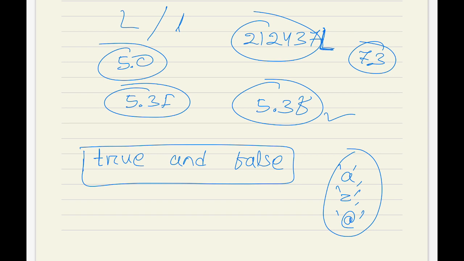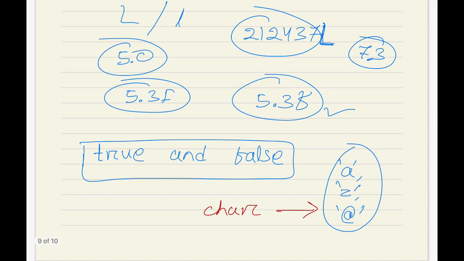String literals in Java are specified, like they are in most other languages, by enclosing a sequence of characters between a pair of double quotes. So a single character inside single quotes is a character literal. If we write a sequence of characters inside double quotes, then that is a string literal.